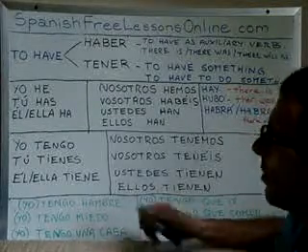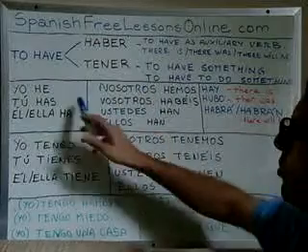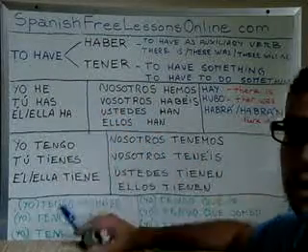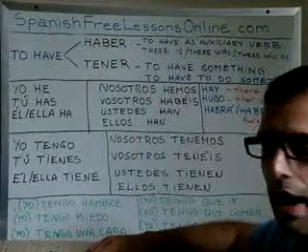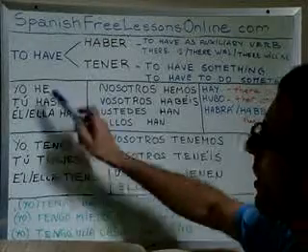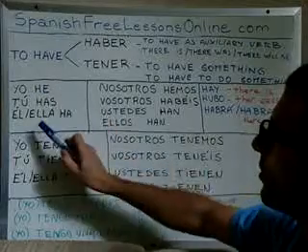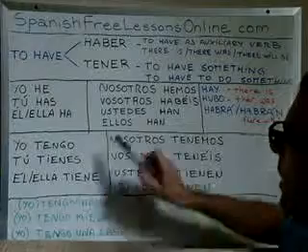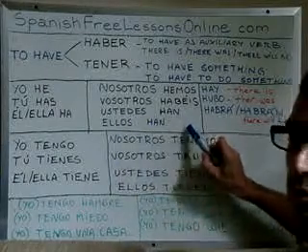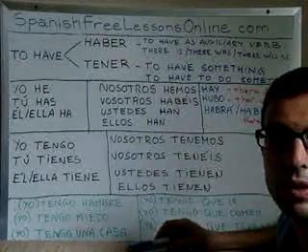So for this to make sense, we have to add another verb here. If I want to say I have eaten, I would say yo he comido, tú has comido, él ha comido, ellos han comido. That's eaten, you see.